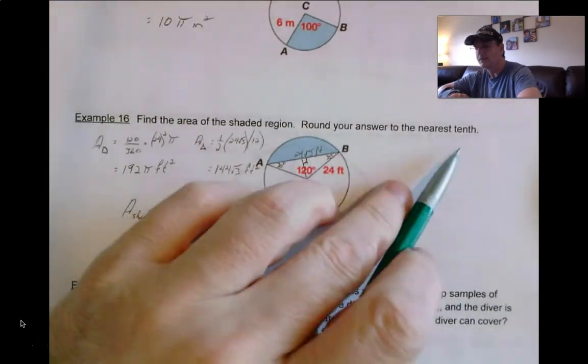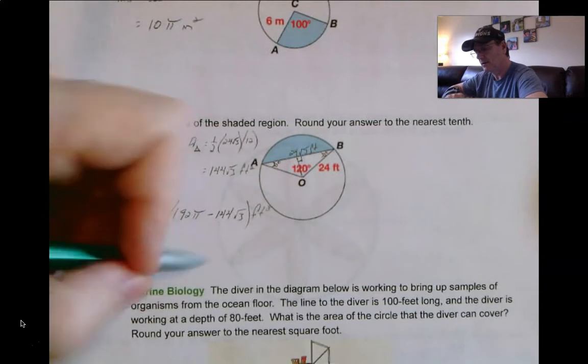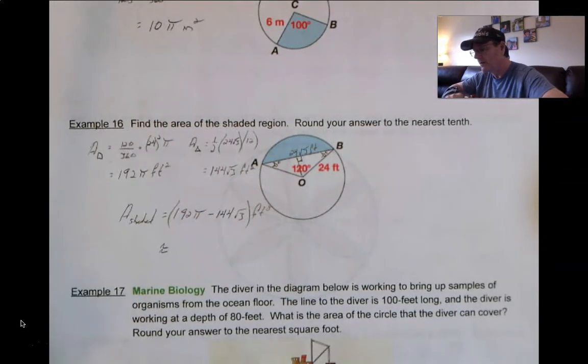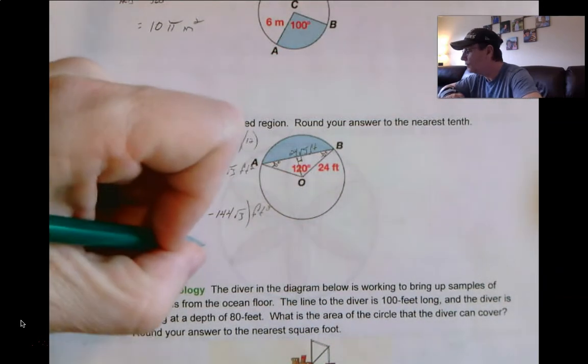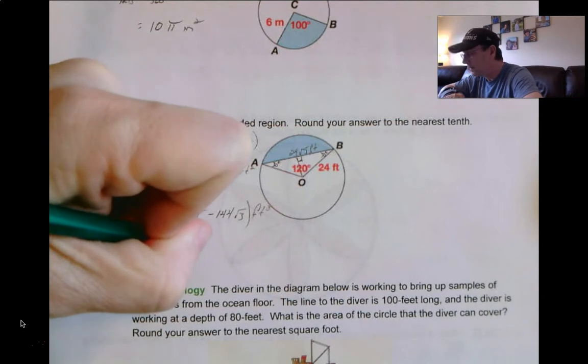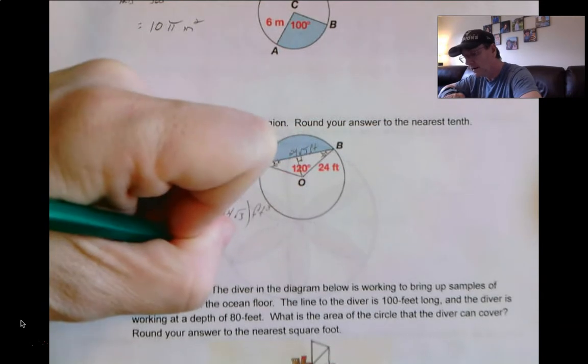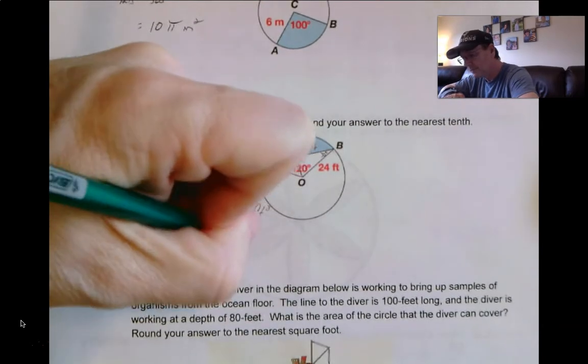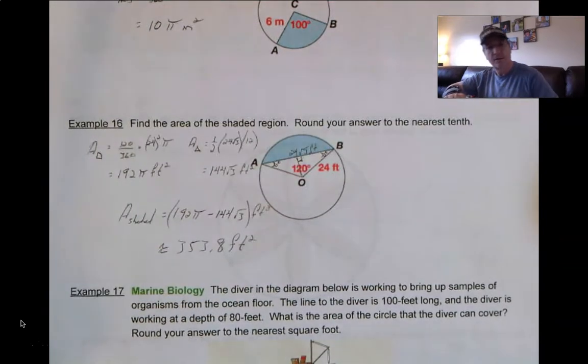And we want to round to the nearest tenth. So we go to our calculators. 192 times pi minus 144 times square root of 3, giving me 353.8 square feet.